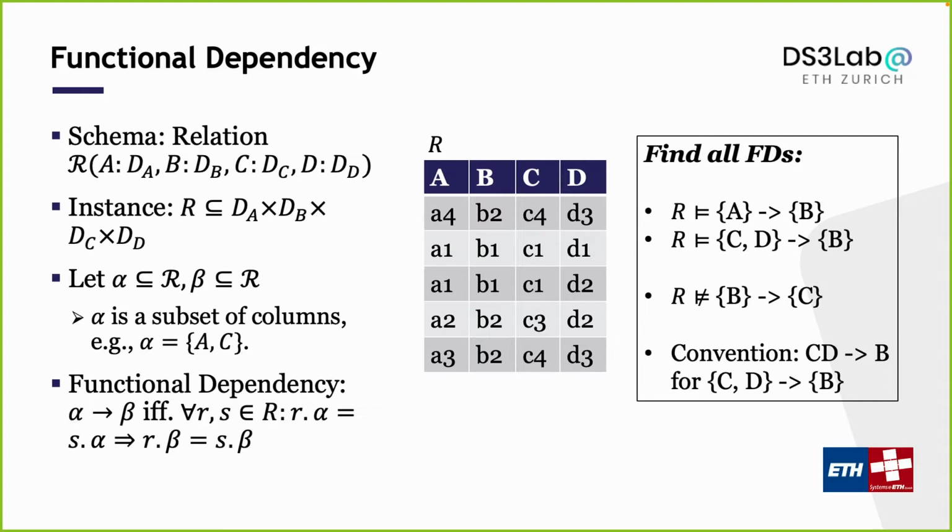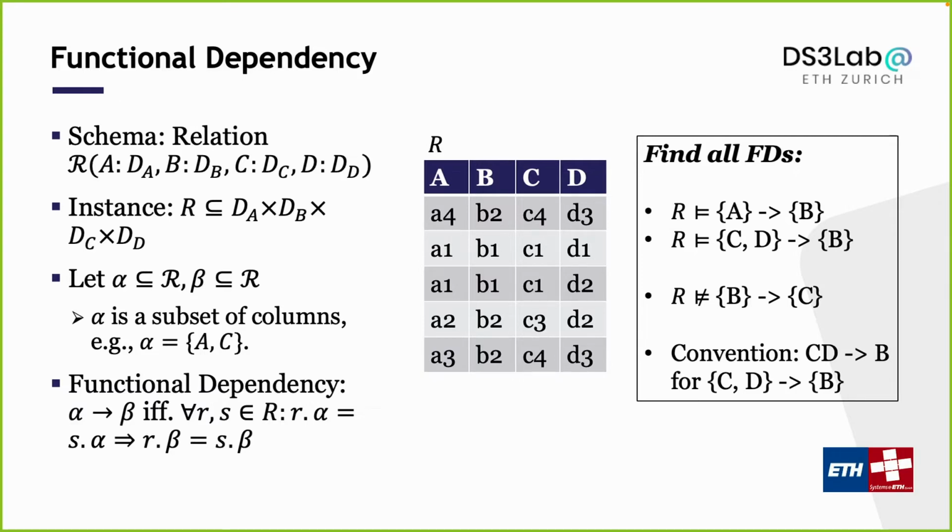Now let's look at the second functional dependency. C and D as a combination decides B. So our alpha in the definition is C and D, this subset of attributes. Beta is B, on the right-hand side. Again, how can we check whether this holds or not?